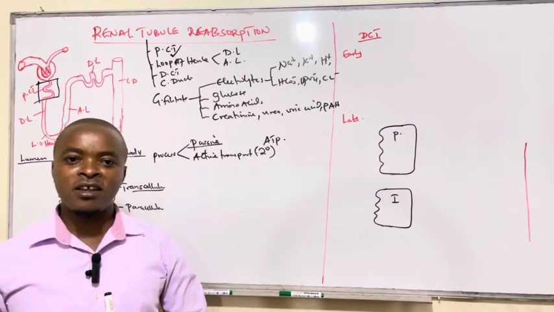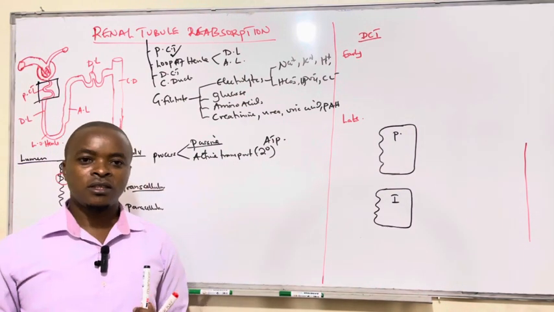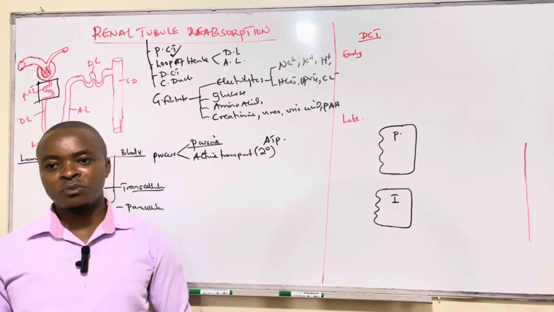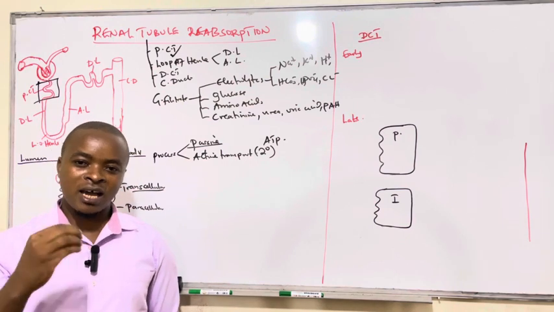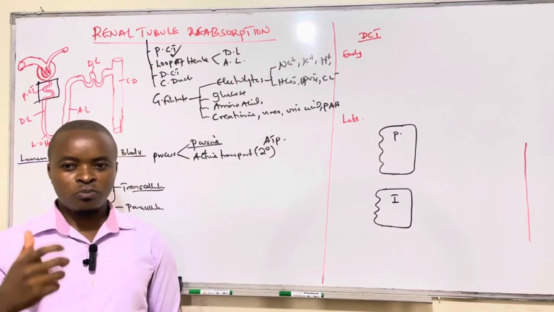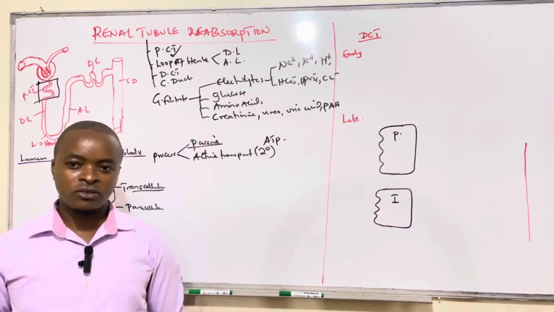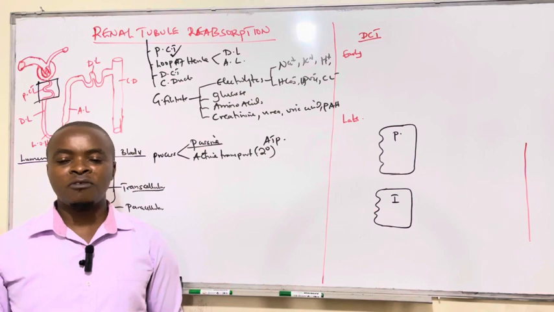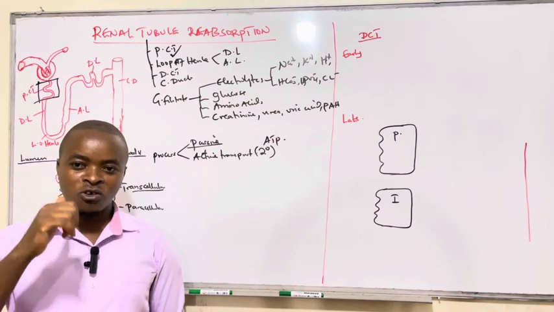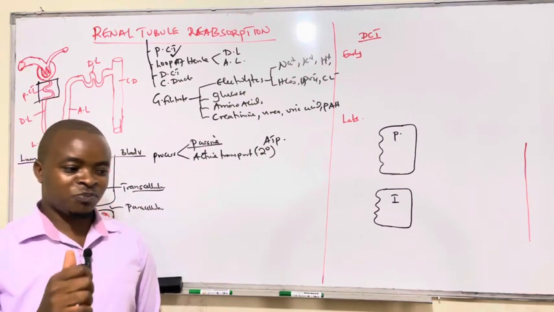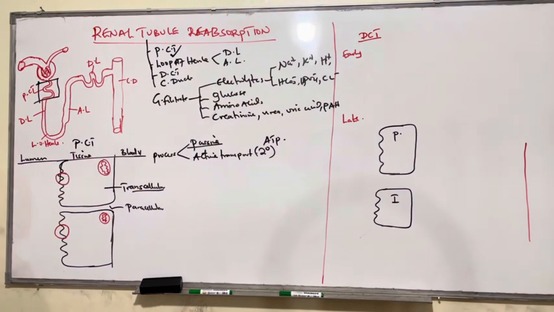That's why most reabsorption occurs in the proximal tubule, because its columnar epithelium is full of brush borders. Another thing, it contains mitochondria, which provide energy in the form of ATP.